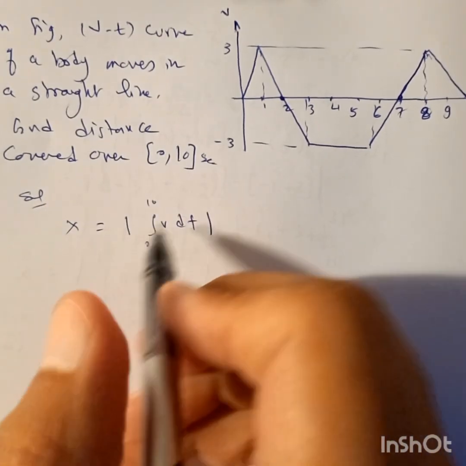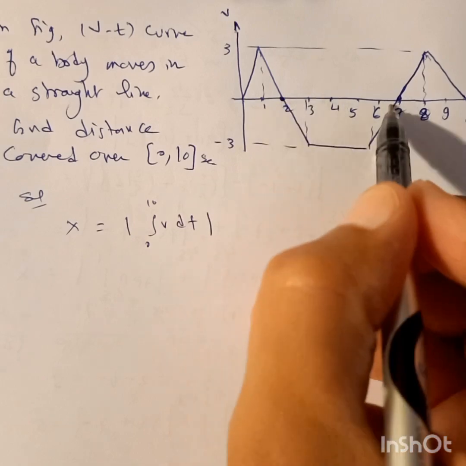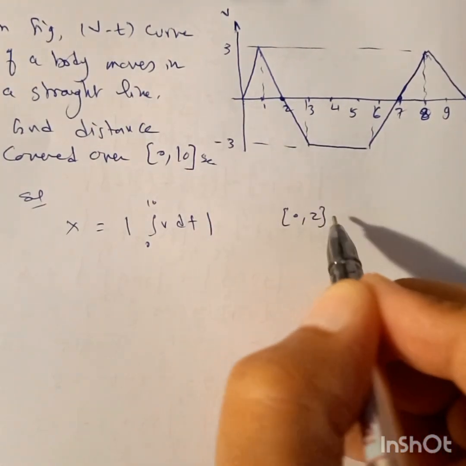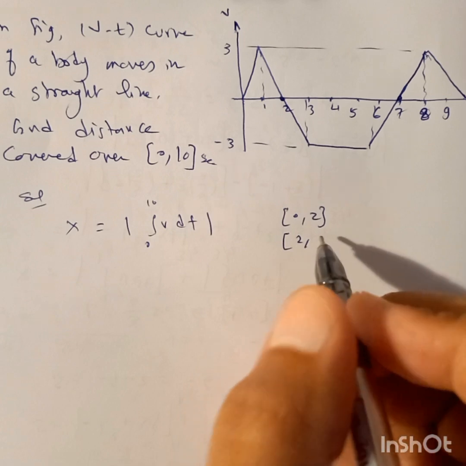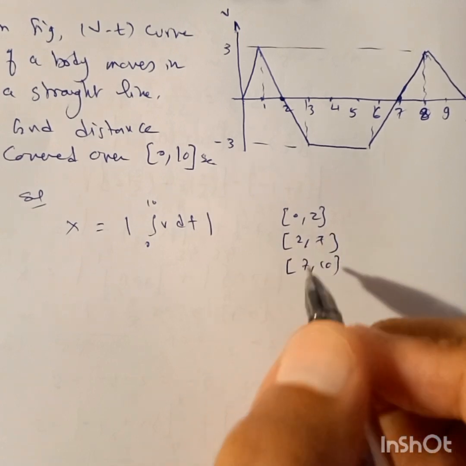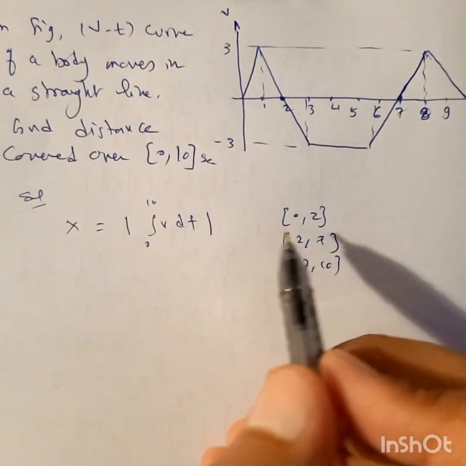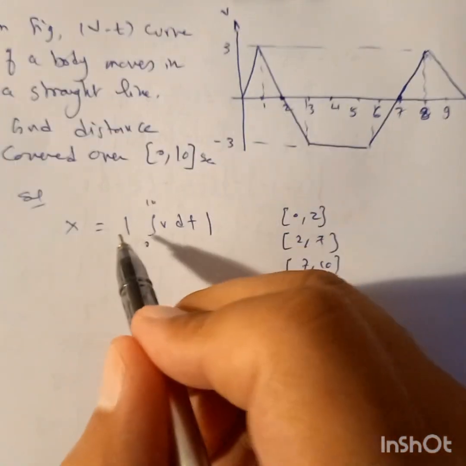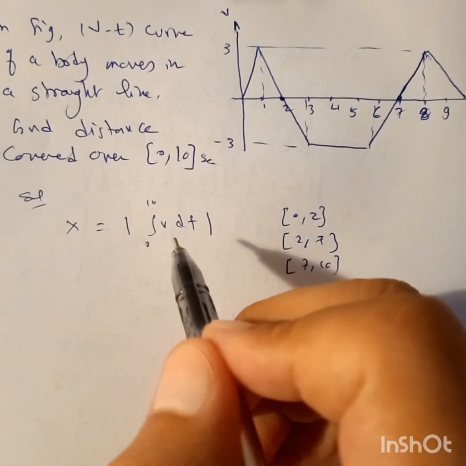But we have here 3 time intervals: from 0 to 2, from 2 to 7, and from 7 to 10. Then we have to find the area under the curve over each of these time intervals, and we use modulus as x is always positive.